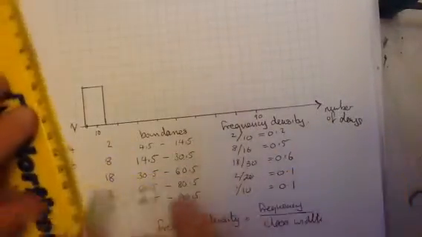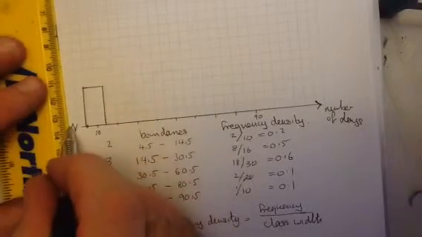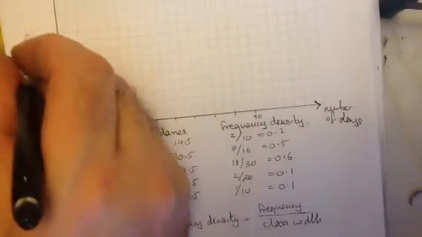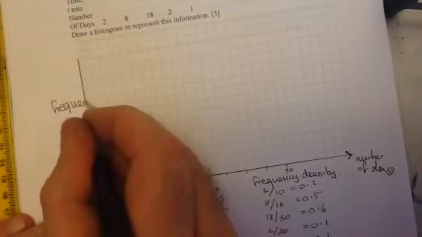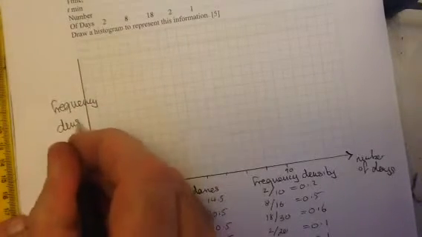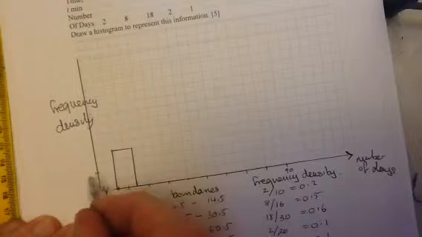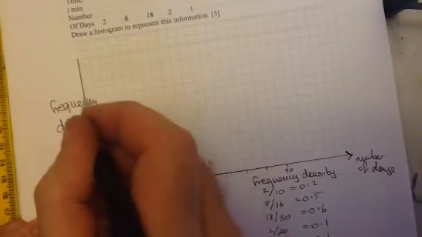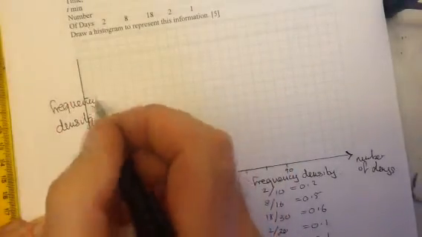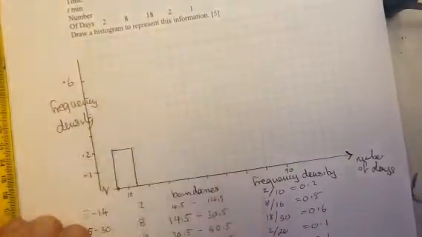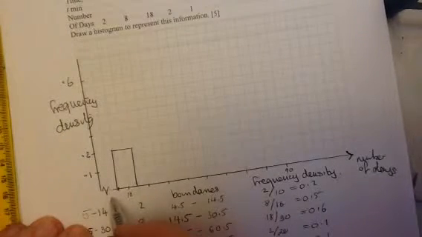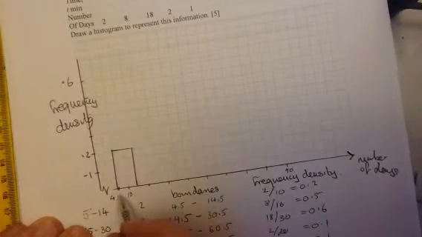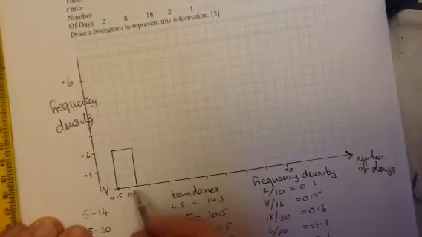Okay, and this axis is going to be frequency density. Okay, so this is 0.1, 0.2, 0.3, 0.4, 0.5, 0.6, and this is starting at 4.5 and going up to 14.5.